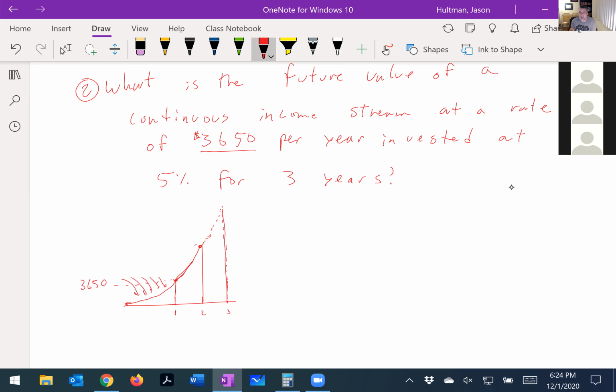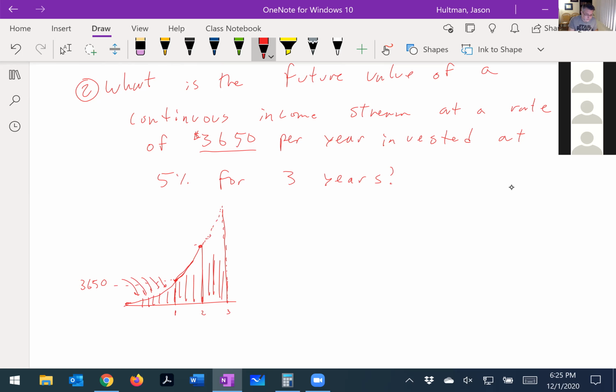But the money that I'm putting in, say I put in a penny on the first day, that money is making interest. So the accumulated value of this for 3 years is really the area under this curve. It's the area under the curve of investing each of these.